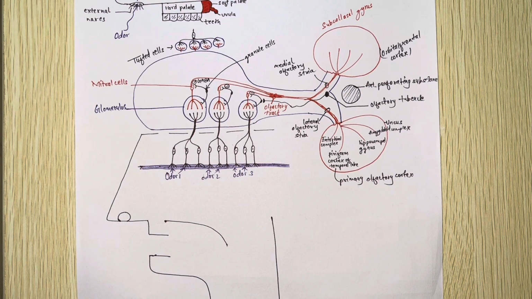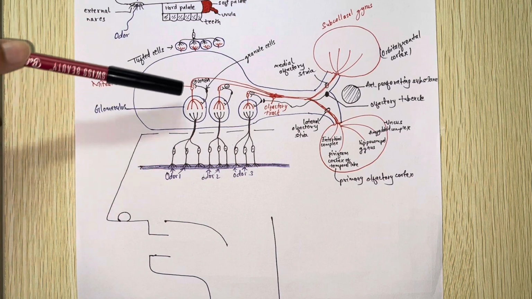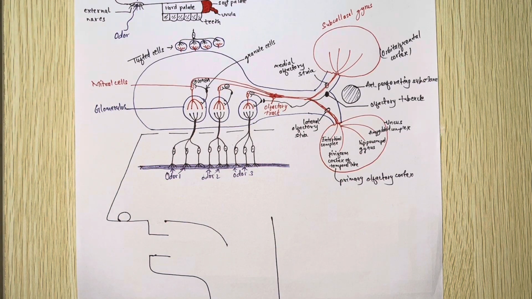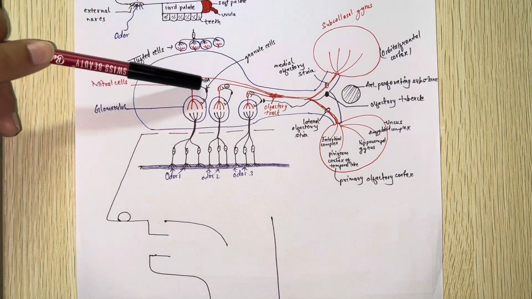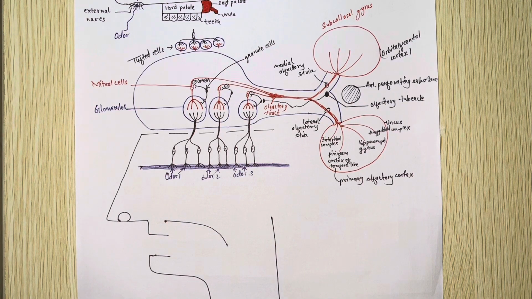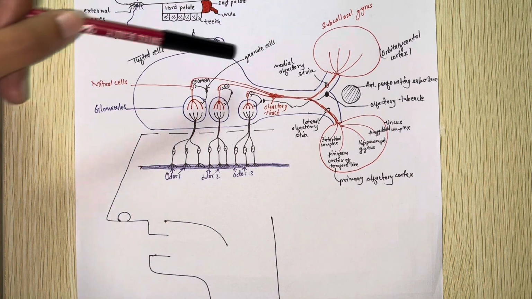Now there is another kind of cell which has extensions connecting these dendritic extensions and extensions connecting mitral cells. This one. And this cell is known as granule cells.